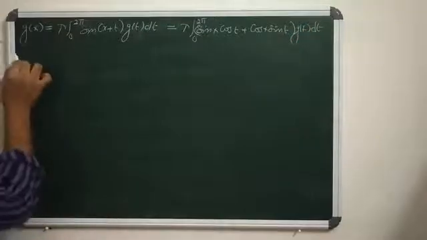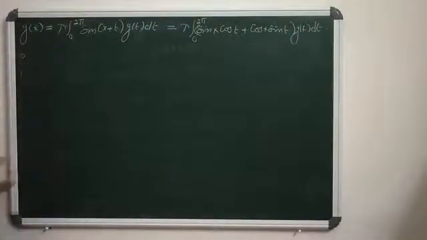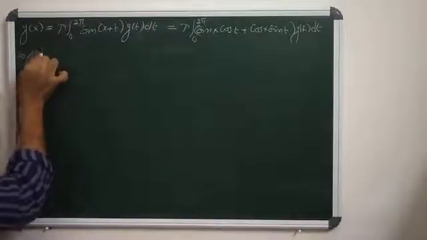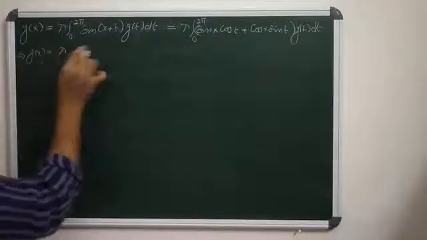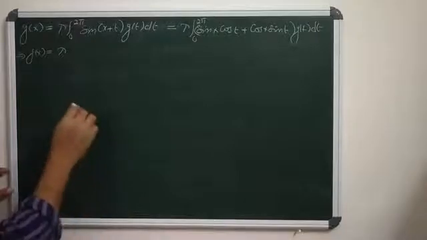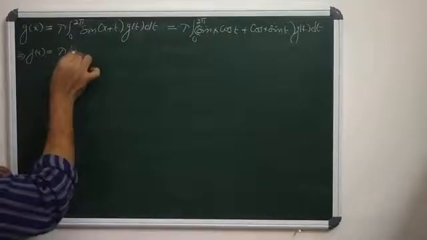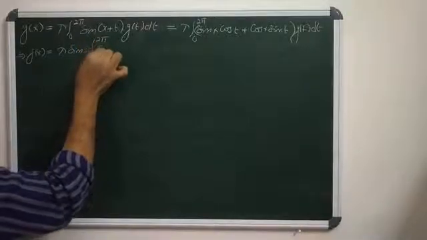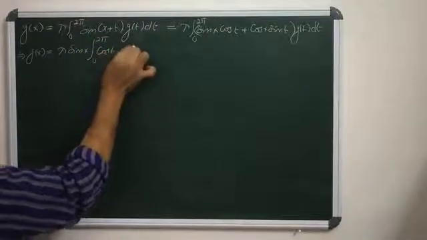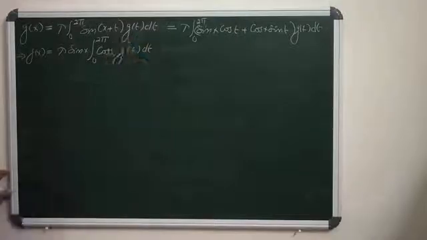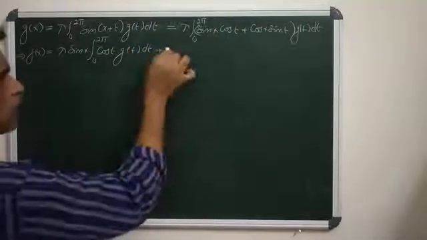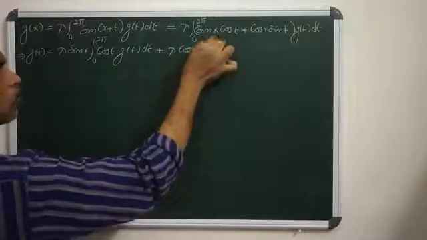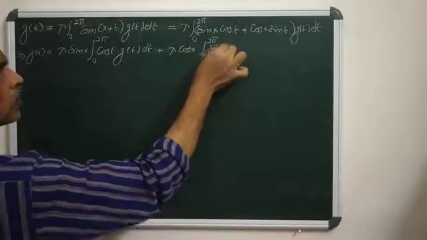So g of x equals lambda sin x times the integral from 0 to 2 pi of cos t g of t dt, plus lambda cos x times the integral from 0 to 2 pi of sin t g of t dt.